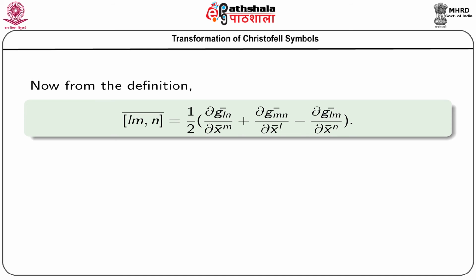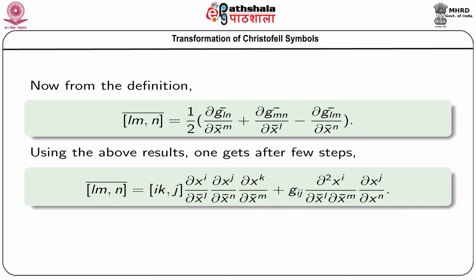And if we put the above expressions obtained earlier and after some calculations, we get this expression, that is Christoffel symbol Lm comma n bar equals Christoffel symbol Ik comma j del xi del x bar l del xj del x bar n del xk del x bar m plus gij del 2 xi del x bar l del x bar m del xj del x bar n.